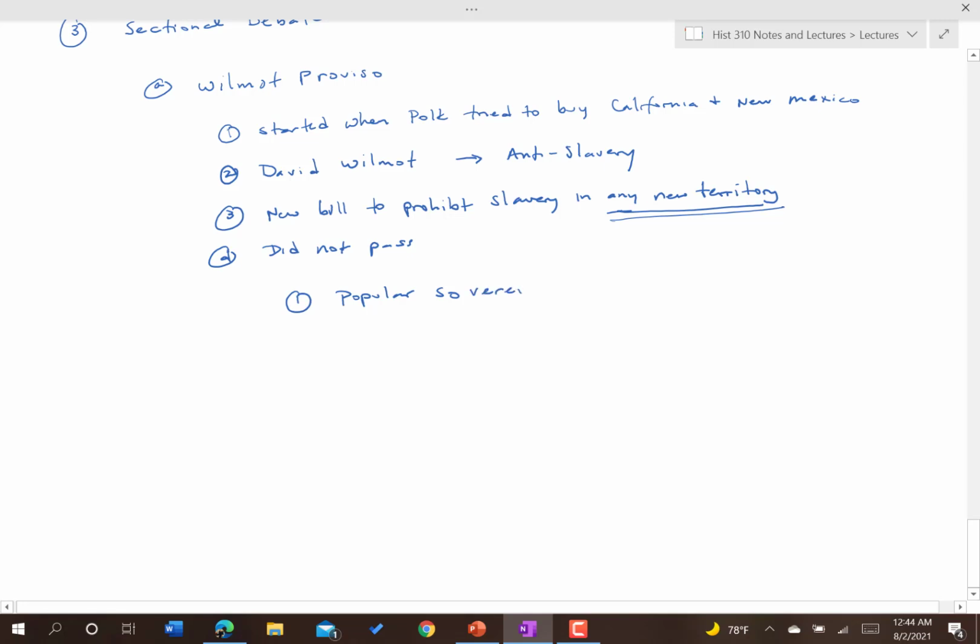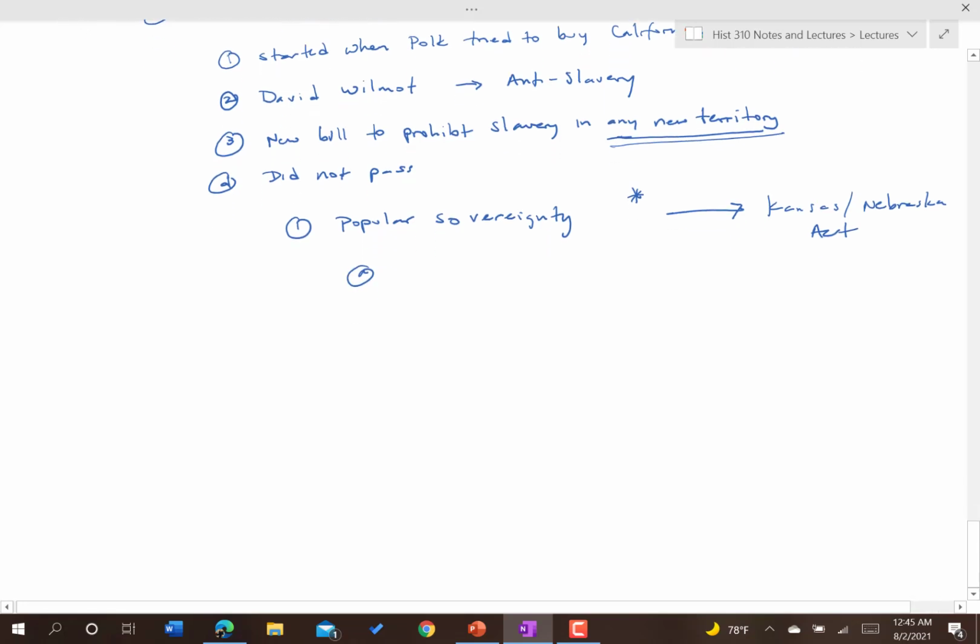And popular sovereignty is going to come back again. We see all of this gets connected to the Kansas-Nebraska Act. So we'll see this again too. But popular sovereignty became popular as one of the leading ideas.